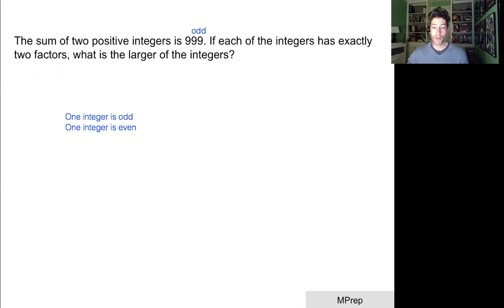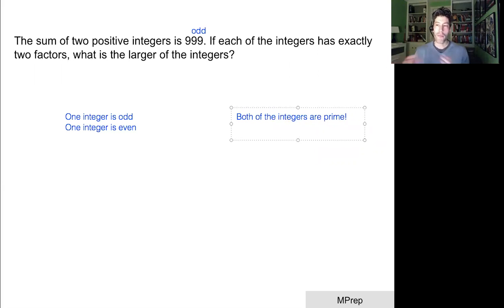Hey, prime numbers are the only integers that have exactly 2 factors, right? 1 and the number itself. And so the GMAT is telling you here, or I guess I made this problem up, so I'm telling you, that both of the integers in question are prime. And I love prime numbers, so I'm putting an exclamation point there.